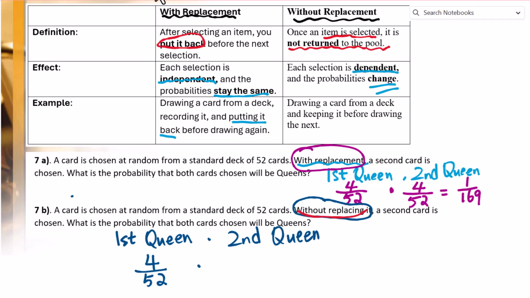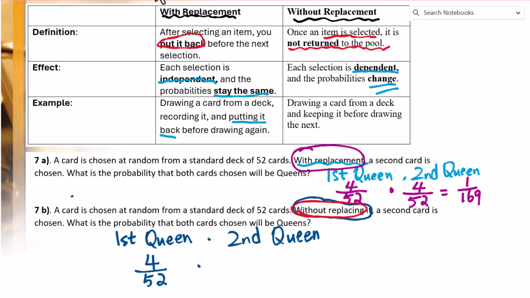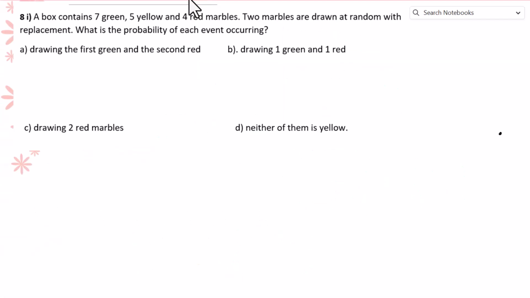Without replacement means we won't put the first queen back in the deck. So totally there are 51 cards left. Out of 51 cards, there are 3 queens left, equals 1/221. Let's go to 8.1.